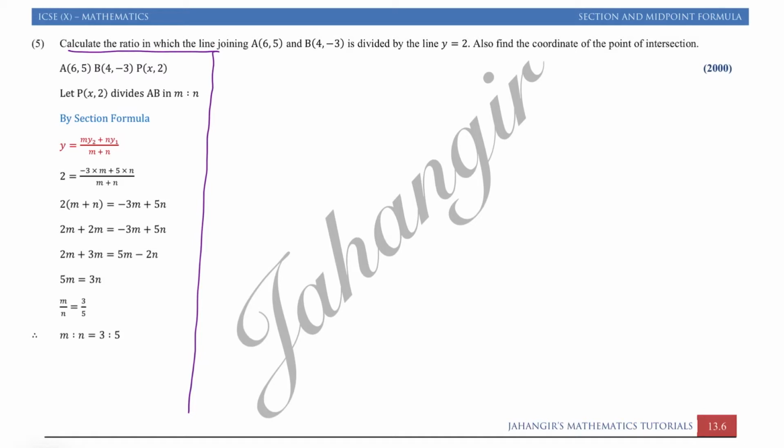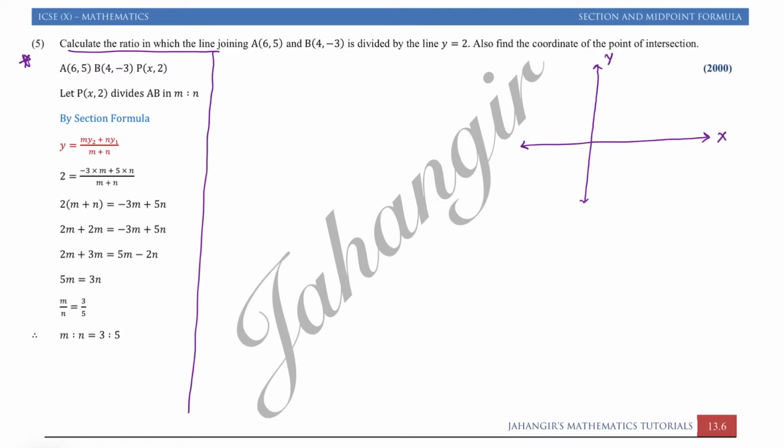Calculate the ratio in which the line segment joining A and B is divided by the line y equal to 2. This question is an important question. Let me explain first. See, we will make an axis. This is an x-axis, this is y-axis.